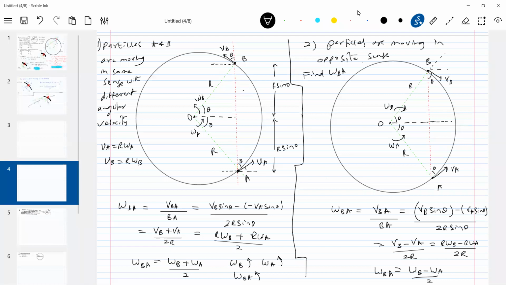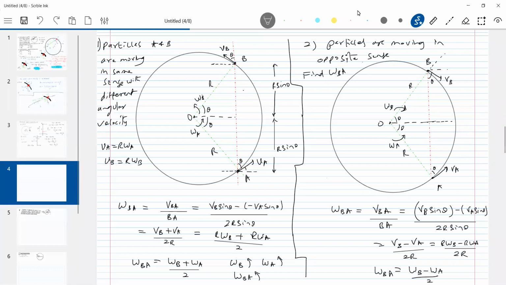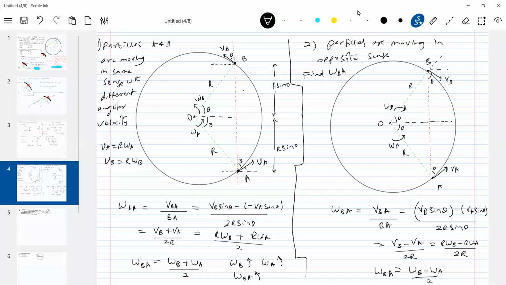Sir, if you look at B from A, then it is not necessary that it will move in a circular path, right, sir? The frame of reference will be different. No, I'm just calculating angular velocity here. They are moving in a circular path.